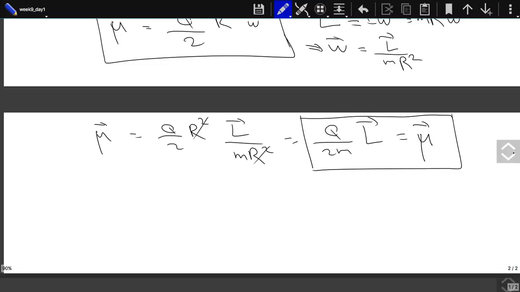So any charge that has some angular momentum will have a magnetic dipole moment. Well, if an object has a magnetic dipole moment, it will feel a magnetic torque. And if the magnetic field is not uniform, it will feel a magnetic force acting on it.